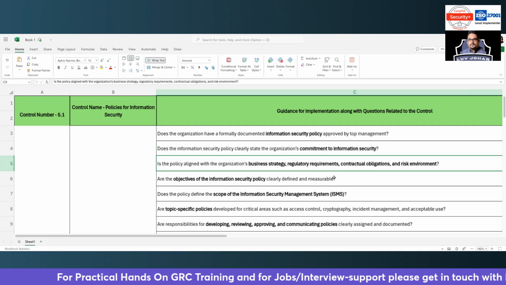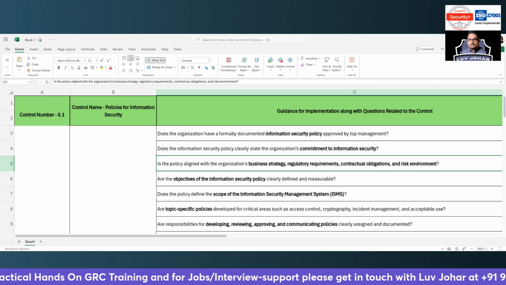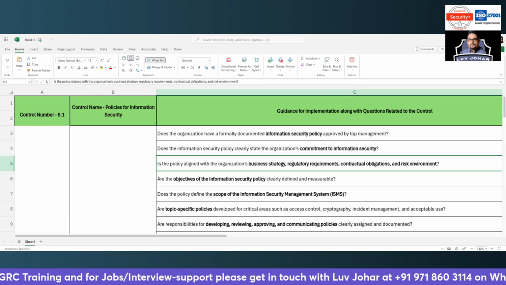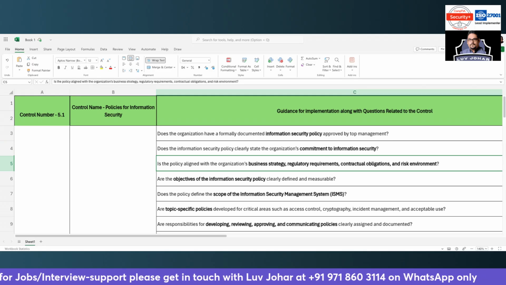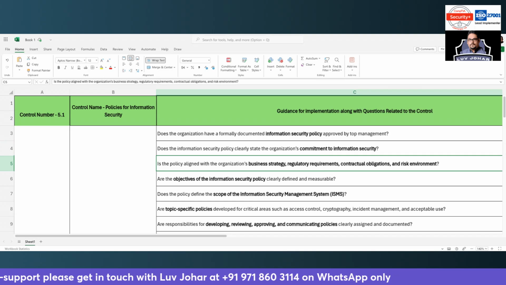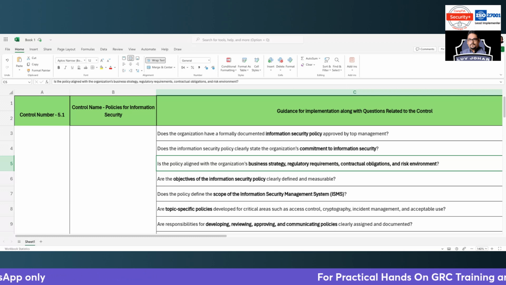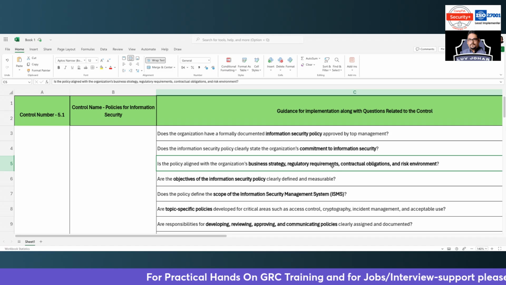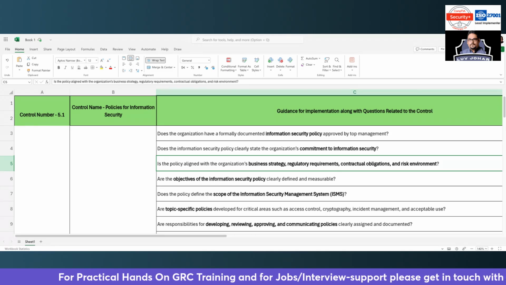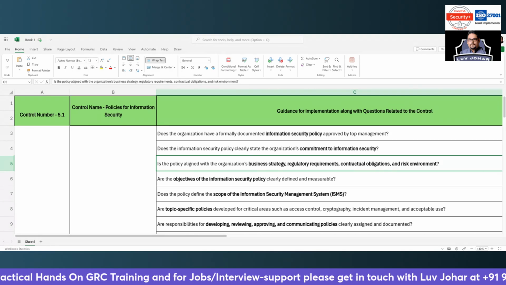Then the third thing is, is the policy aligned with the organization's business strategy, regulatory requirements, contractual obligations, and risk environment? Now, you need to be very conscious about this, right? While creating the policy, you have to make sure that you are considering what your business strategy is 5 years down the line, 2 years down the line, 1 year down the line, and what the regulatory requirement is. For example, if your company has to abide by GDPR, you need to mention that over there.